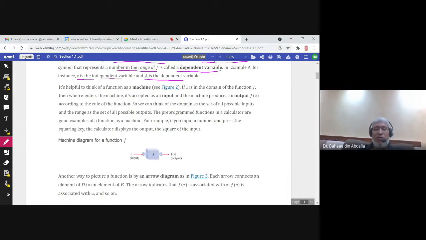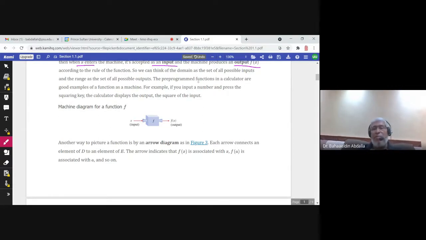You can look at the function as a machine. F is the function, it is a machine. X is the input. You put x inside the machine and the output would be f of x, okay? So the input is the domain, the possible values of x, and the output is the range, f of x, the value of f at x.